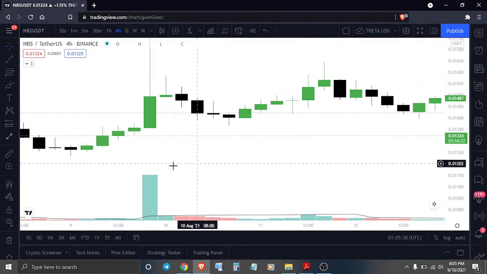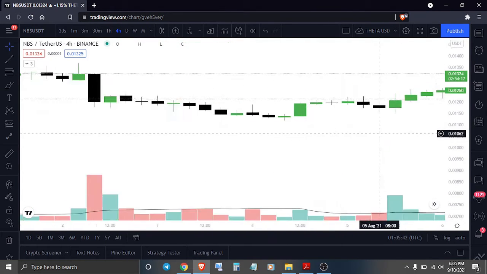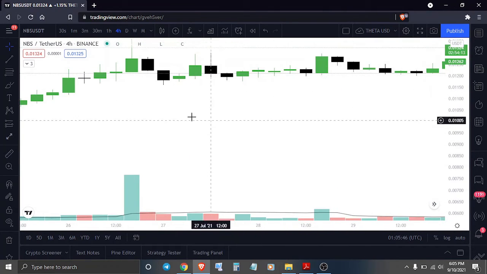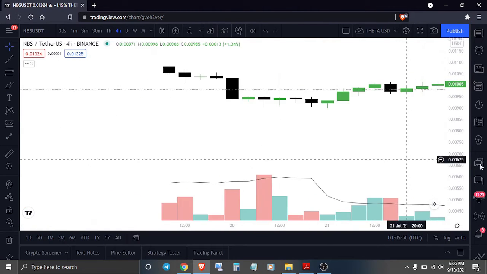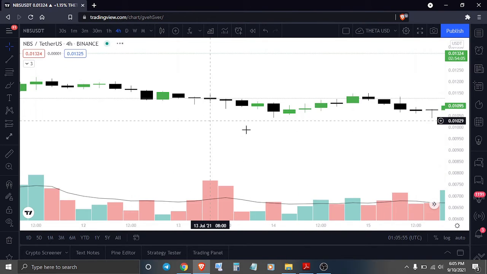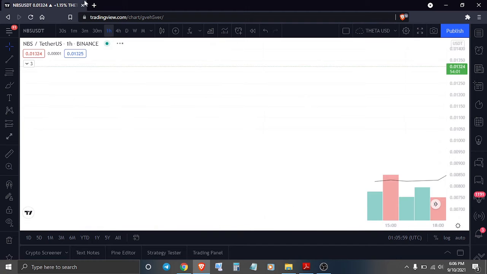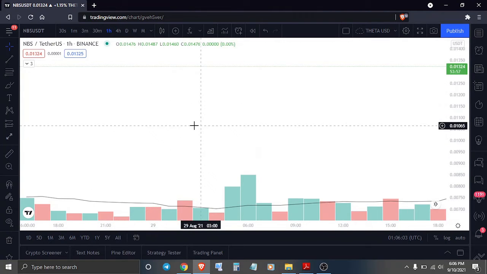Let's find it around here. There are different candlestick patterns, so we're just going to find some of them here. Let's go with the 1 hour chart. Don't worry, I'm going to explain how all these are formed in just some time.